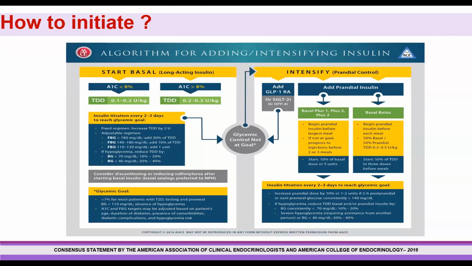Now, second question is how to initiate, meaning which dose you will start. To calculate the dose, there are many methods. One of the methods is to calculate the dose on the basis of the body weight and on the basis of A1c. So this is one way. This is the American Association of Clinical Endocrinology guideline, but we can calculate on the basis of this and start the insulin therapy.